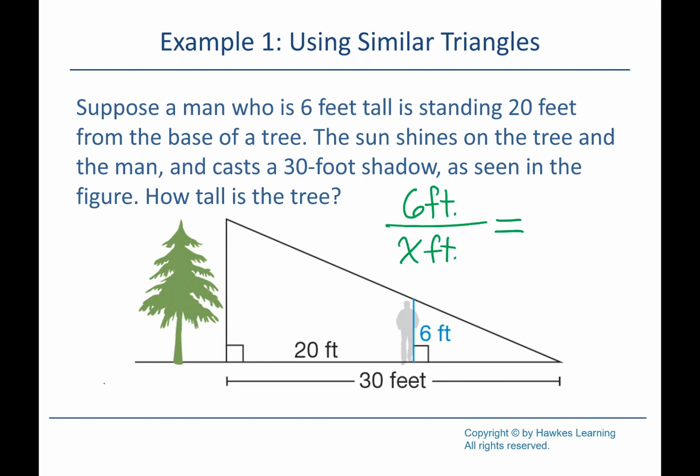We have to do a little bit of work because we're missing one little piece. We know the bottom side of the big triangle is 30 feet. So I'm going to keep my big triangle numbers on the bottom. So the left side of the big triangle is the bottom on the left, and then the bottom side of the big triangle I'll put on the bottom to the right.